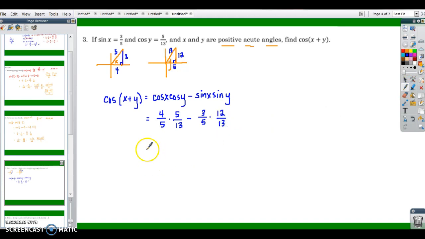Now it's just multiplying them together, so I end up with 20 over 65 minus 36 over 65. And that's going to give me an answer of negative 16 over 65. You can't reduce that, so that would just be my final answer.